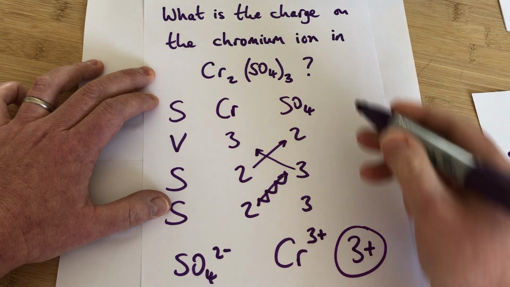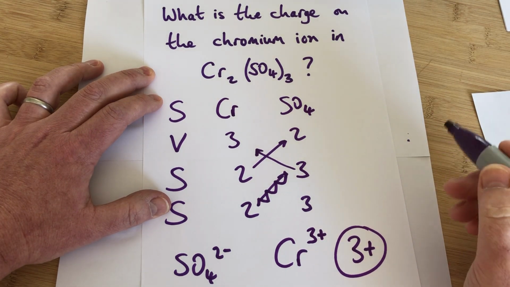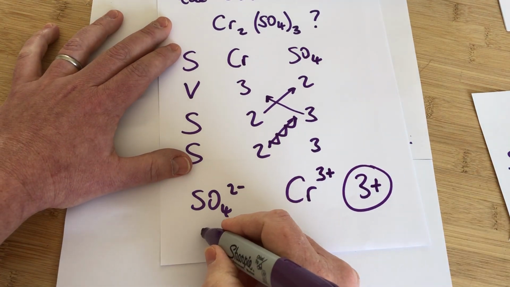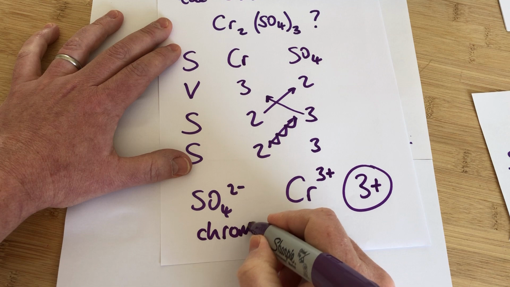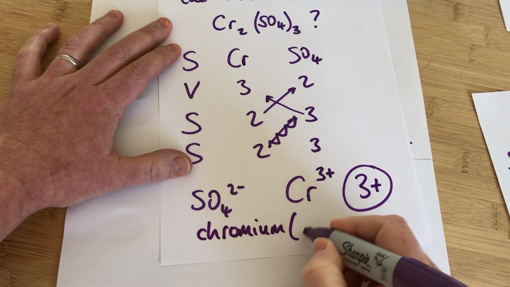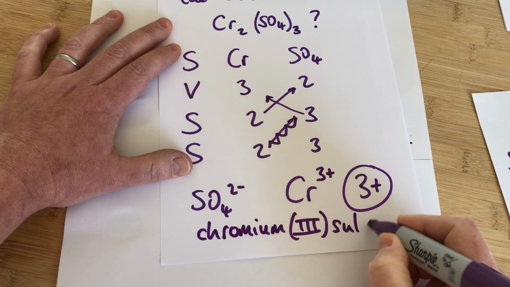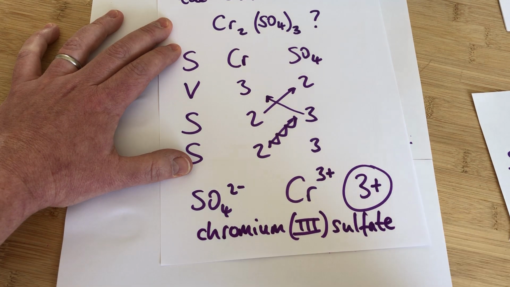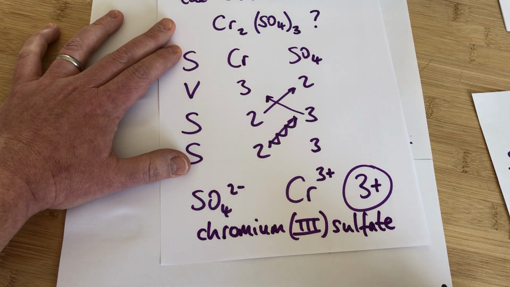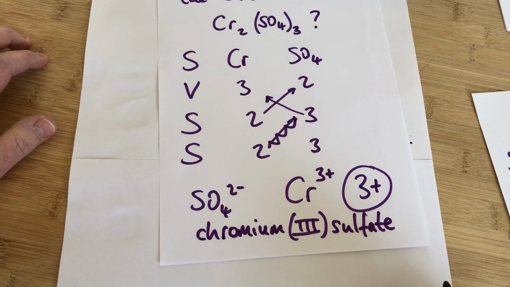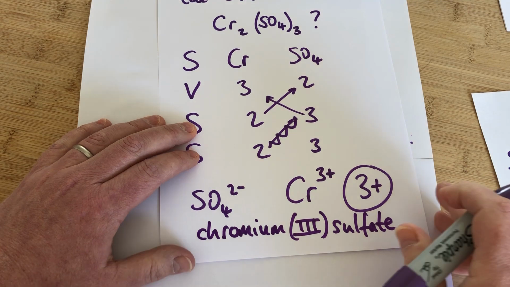And that would be the name of this compound. This would be chromium 3 sulfate, and you would write that like this with your Roman numerals: chromium 3 sulfate. So that ion in the chromium sulfate here is the chromium 3 positive ion.